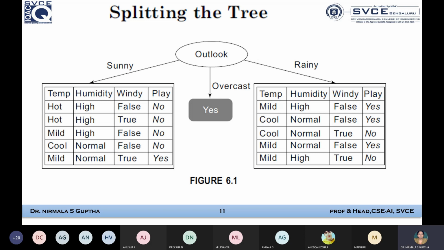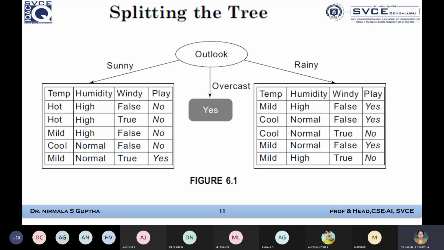When it is sunny and humidity is high, no outdoor play can be played. So you will get error free, 0 by how much? 0 by 3. How many times is high occurring? High occurs 3 times. So 0 by 3 is the answer.